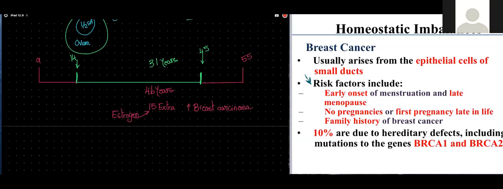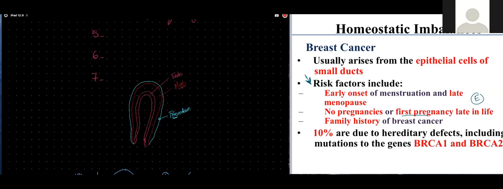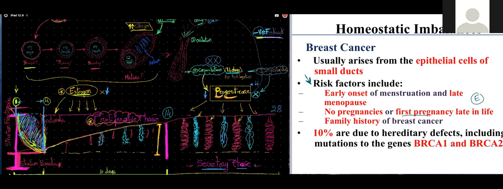Also, no pregnancies or first pregnancy late in life. Why do you think? Because simply I don't get a break from the estrogen. Remember, during pregnancy, I will keep the corpus luteum for 3 months until its function gets replaced by the placenta.